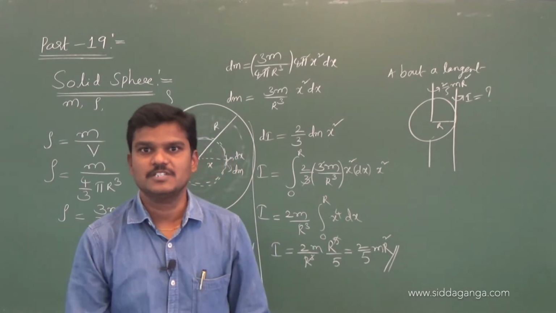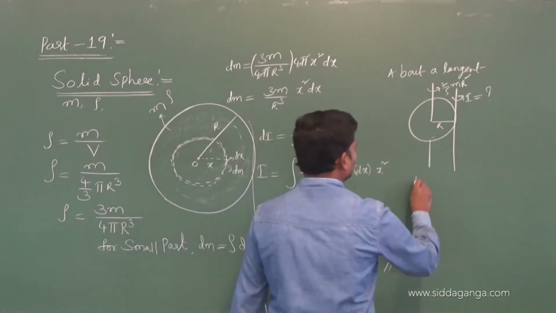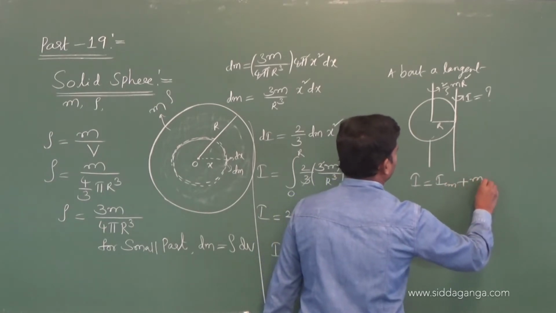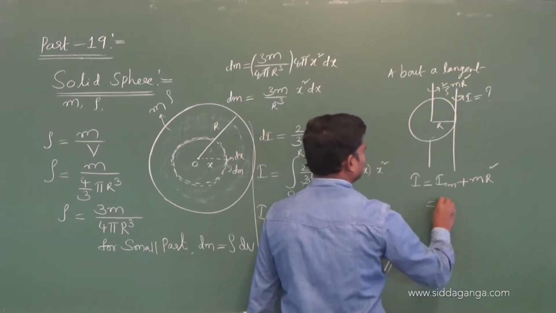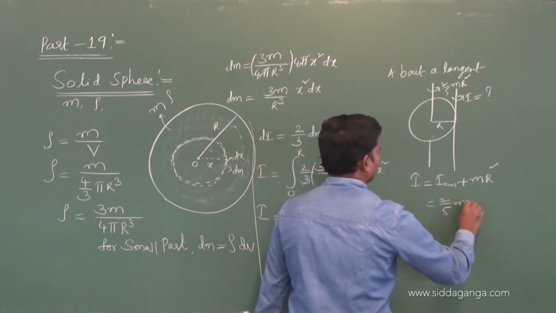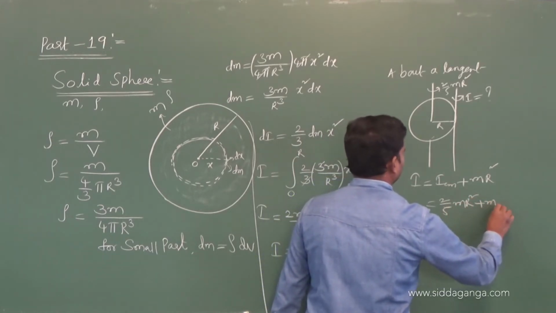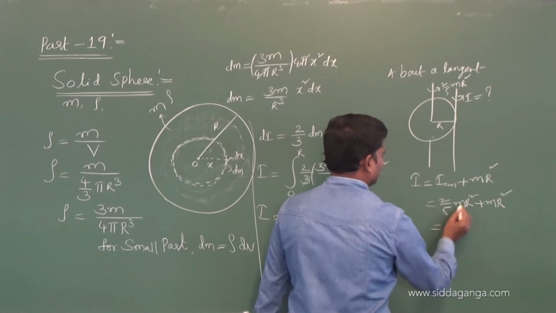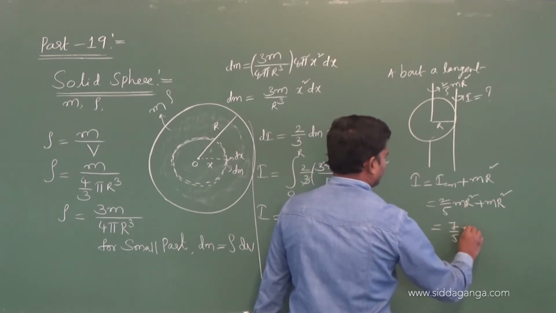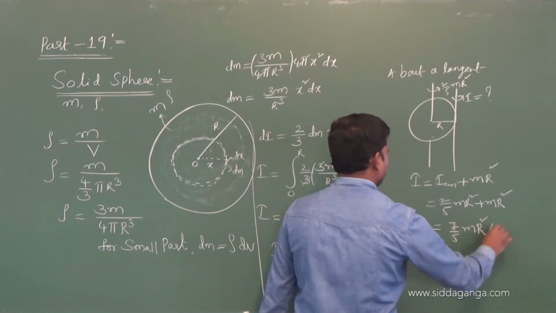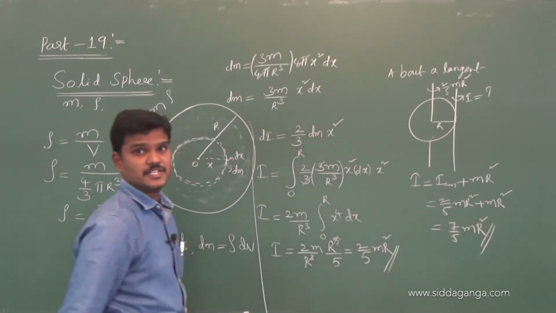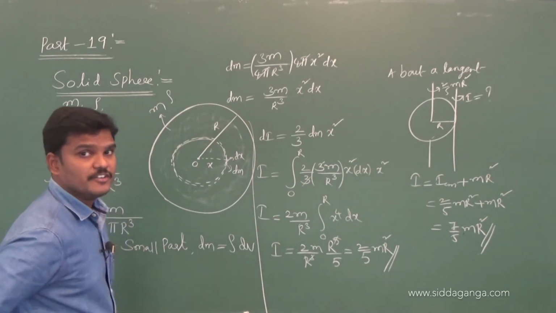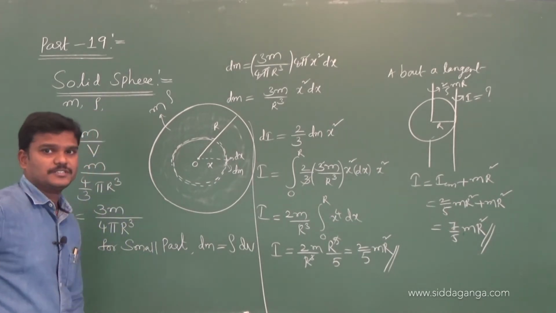So I is equal to ICM plus m r square. What is ICM? 2 by 5 m r square. So the moment of inertia about a tangent of a solid sphere follows from this.